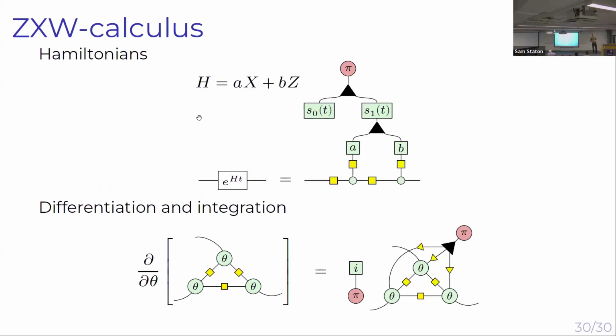And if you put together all these generators, you get the ZXW calculus, and this has more uses than just ZX or ZW. Namely, we can express summation and exponentiation of Hamiltonians like this, or we can differentiate and integrate ZX or ZXW diagrams.